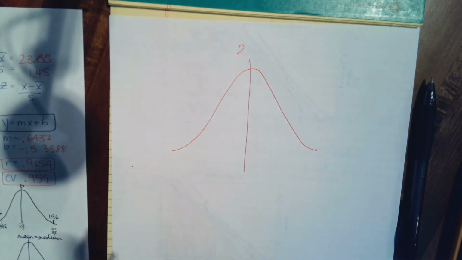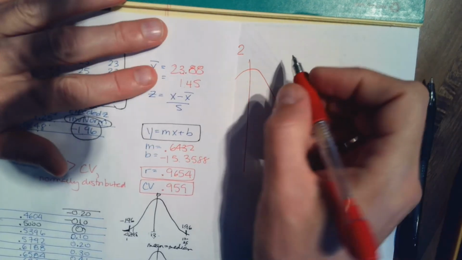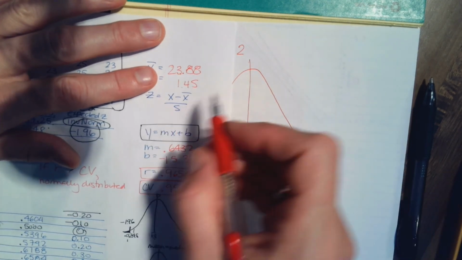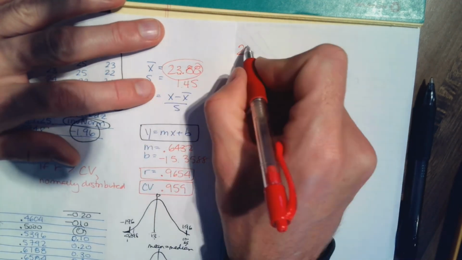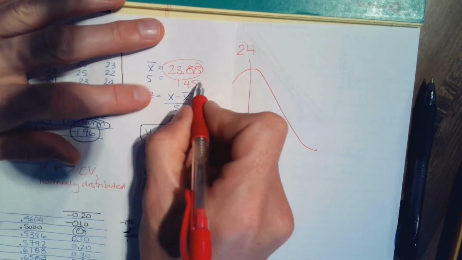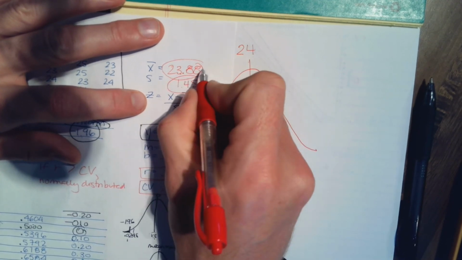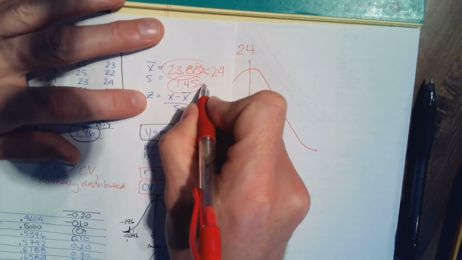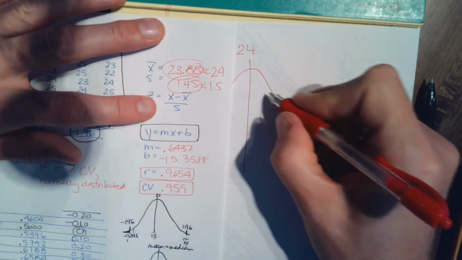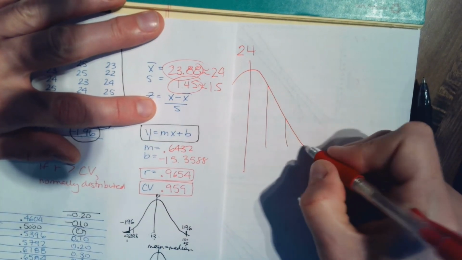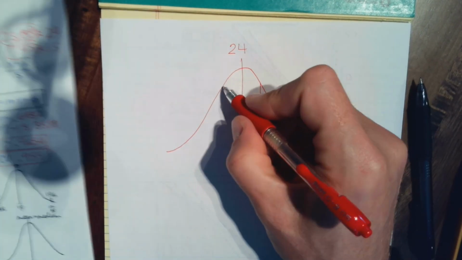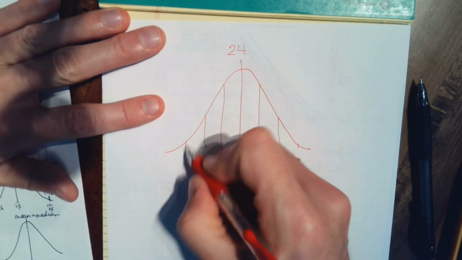I'm going to do some rounding here, and let's round this to the nearest whole number and say that's 24, and I want to round this to 1.5 because I'm just using this as a tool for myself and I want to make math easy.